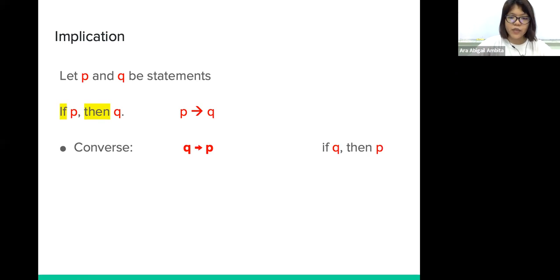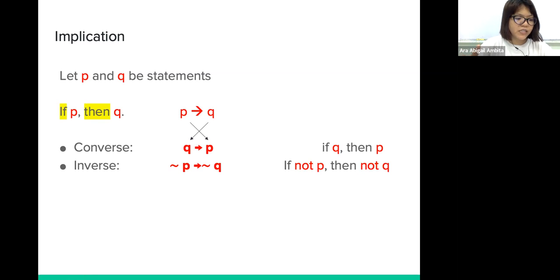You can express this in an if-then clause: if Q, then P. Again, the converse is just the interchange of roles of P and Q of a certain conditional statement or implication. What about the inverse? The inverse of a conditional statement, on the other hand, is the negated values of the statements in your original conditional statement.